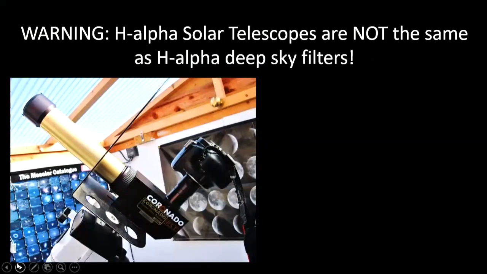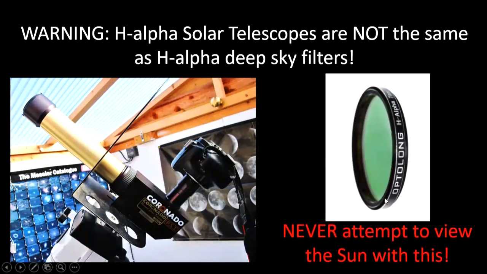Now, another word of warning here: a hydrogen alpha solar telescope is not the same as a hydrogen alpha deep sky filter. So if you take photographs of nebulae and deep sky objects and you have one of these H alpha filters, please, please, please do not attempt to use it to photograph the sun or observe the sun. They are not the same thing.